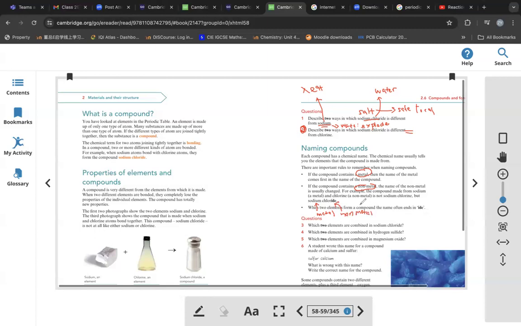Can you find the periodic table or not? Chloride originally is called what? Originally it is called chlorine. If you find it in your periodic table, it's Cl. So when you name the compound, they change the I-N-E ending to become IDE. That's why it becomes sodium chloride. Understand?